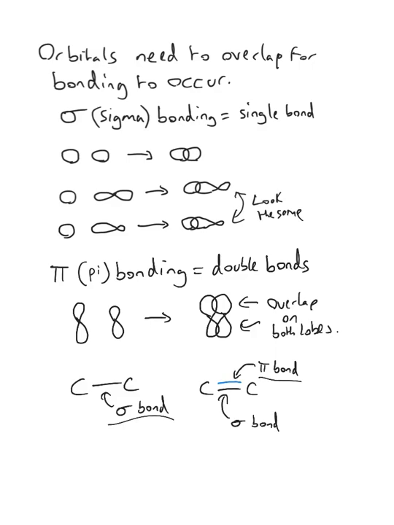What about a triple bond? Well, a triple bond would start with a single bond, and then we need to start adding an extra pi bond, and then let's throw in a third bond. So in other words, we have 2 pi bonds and 1 sigma bond combined to make a triple bond.